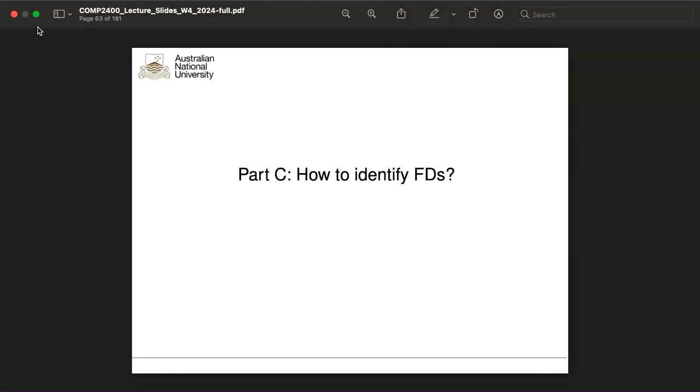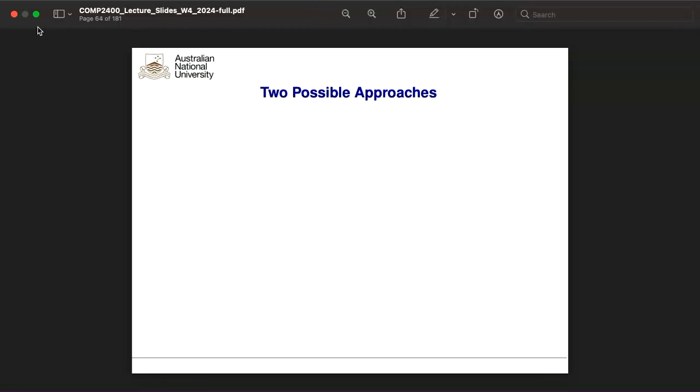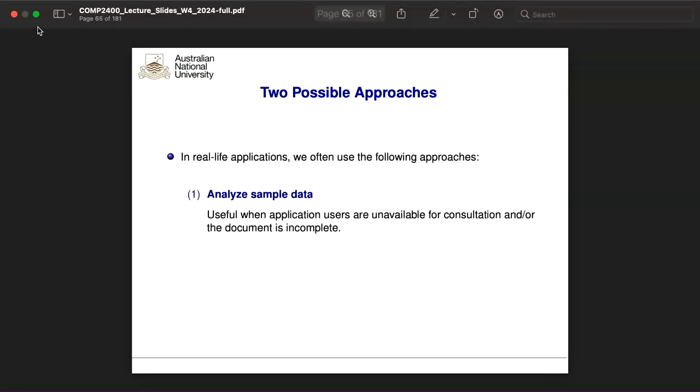Now the question is, how can we identify functional dependencies? It sounds like functional dependencies could be useful, but where can we find them? Typically, there are two ways to identify functional dependencies. One way is through data. This could happen, for example, if your manager asks you to design a database, but we don't have any documents.